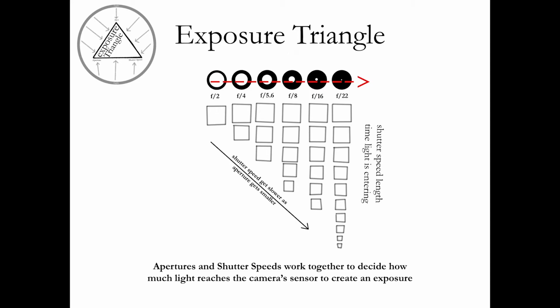So the shutter speed needs to be slower to let that smaller amount of light in for a longer amount of time. And vice versa. As the aperture is bigger, more light will be coming in through the aperture opening, and so the shutter speed needs to be faster to let that light in for a shorter amount of time.